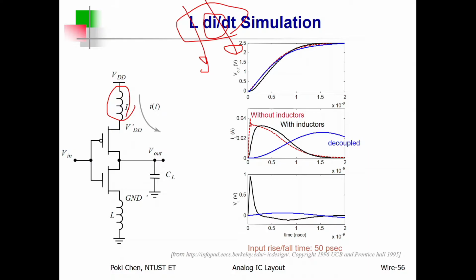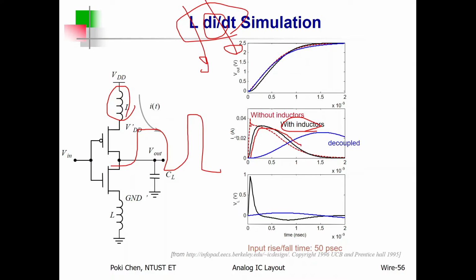So you can see, if you have an inductor for such output voltage variation, the inductor will try its very best to reduce the current change, right? The current variation.